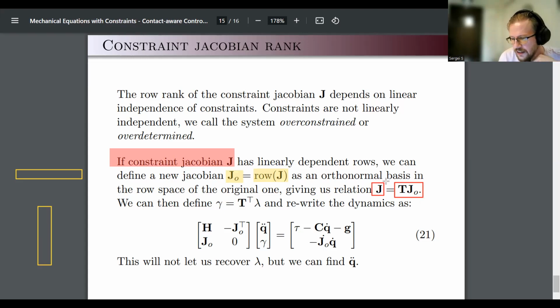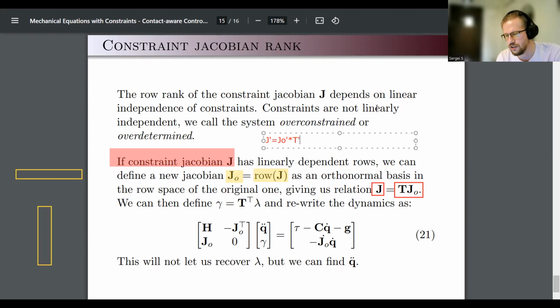Again, I think this is highly non-intuitive because of the row space. But if we again think of transposing this whole equation, what we have is J transpose is equal to J_O transposed times T transposed.